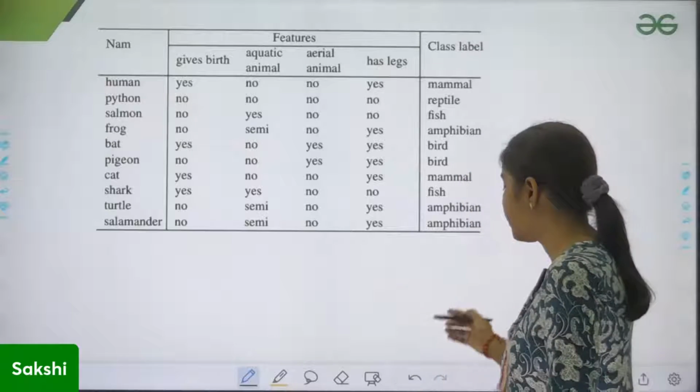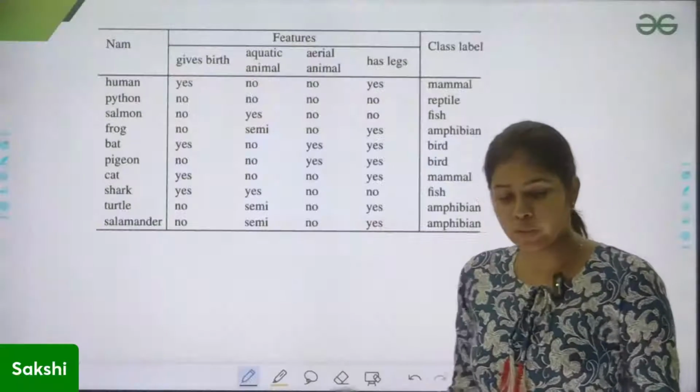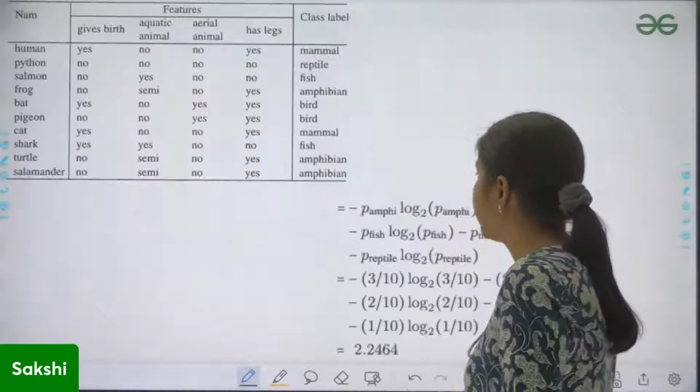If you get any confusion, we'll discuss in the next session, right?